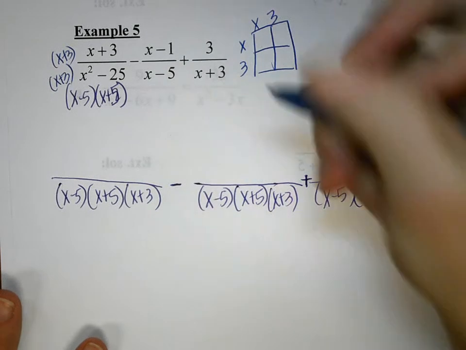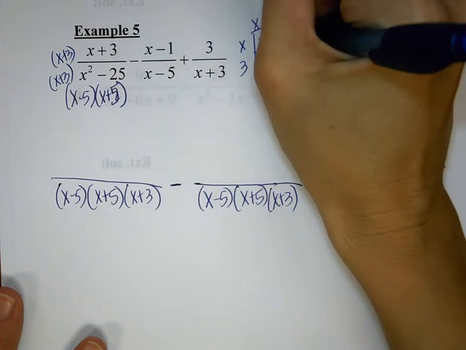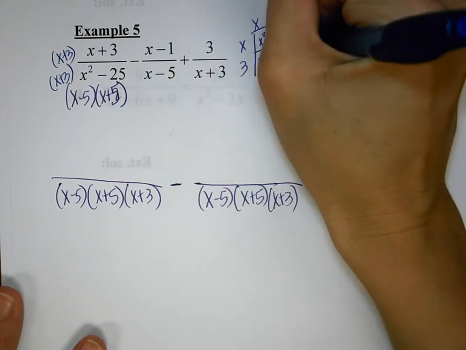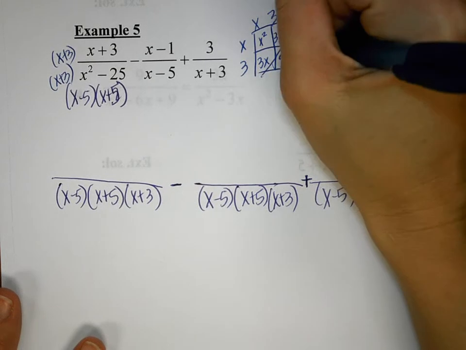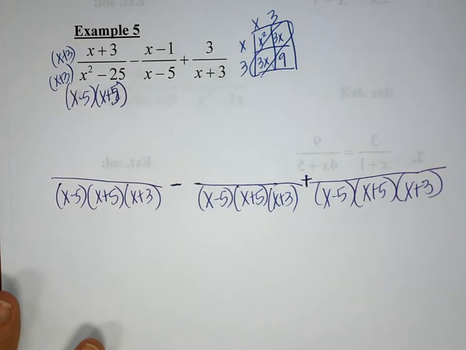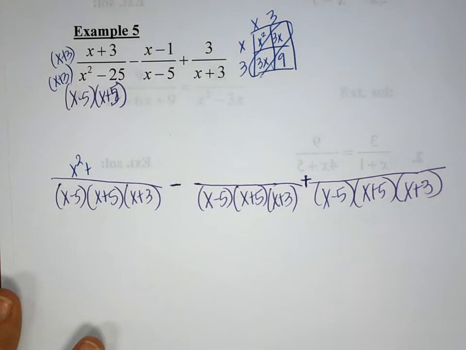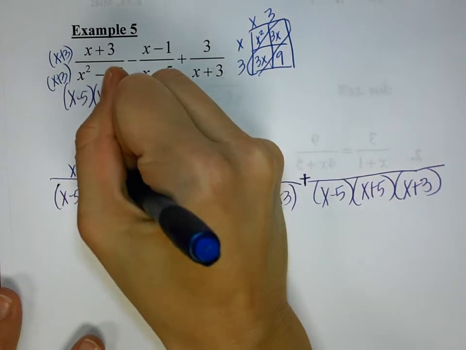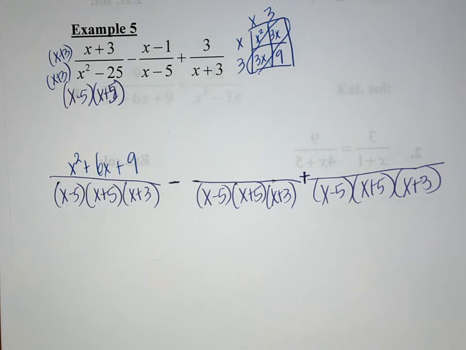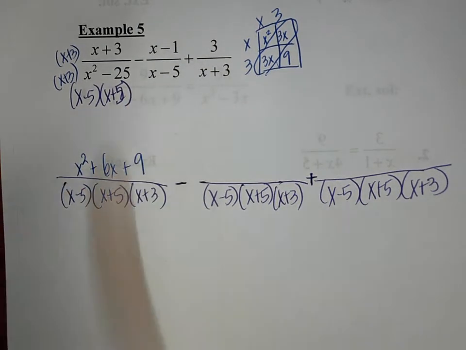When I multiply, I have x squared, 3x, 3x, and 9. Those are my like terms. So on the top, I have x squared plus 6x plus 9. Am I going too fast? Okay.